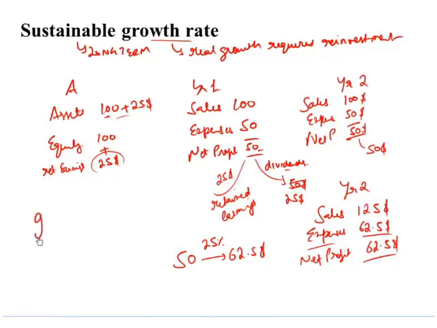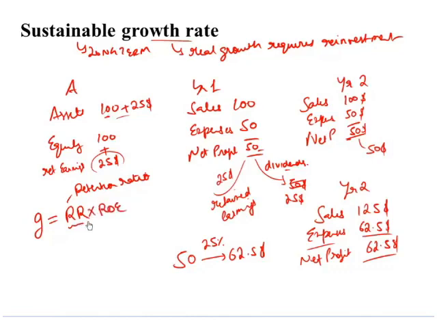So the growth in earnings can be calculated as how much I choose to retain, that is the retention ratio. Please note this entire retention is additional and hence it's causing growth, multiplied by the return that I'm able to make on that money retained, that is the return on this additional equity.